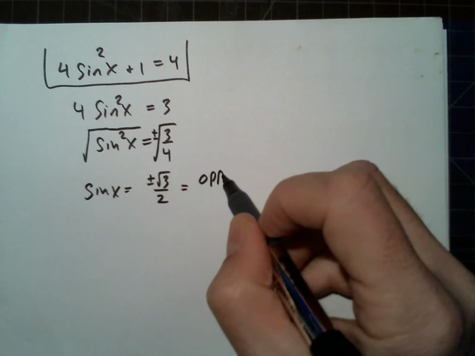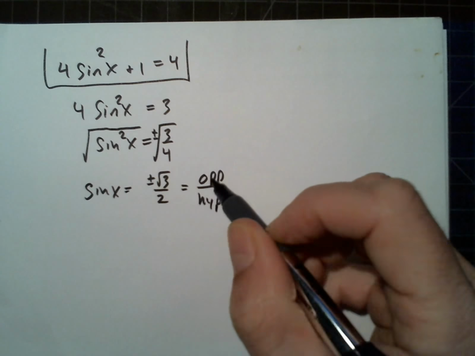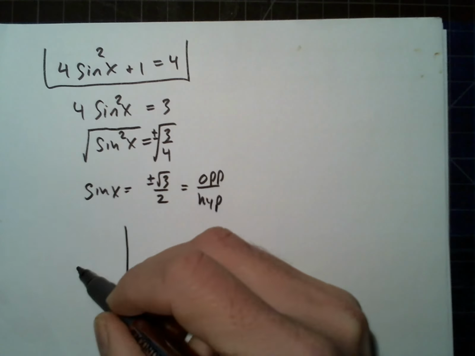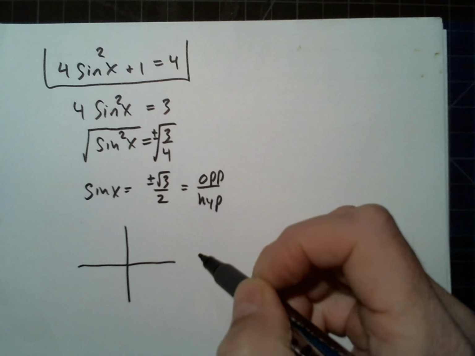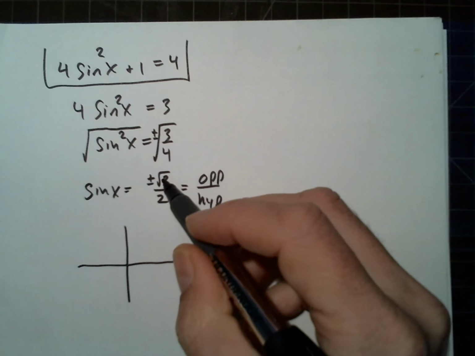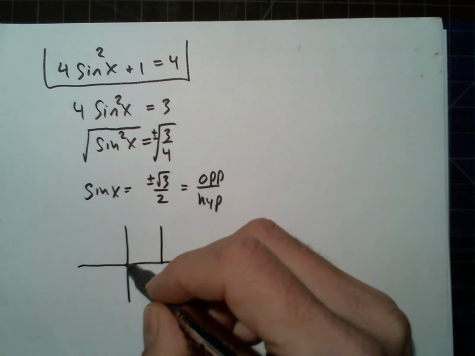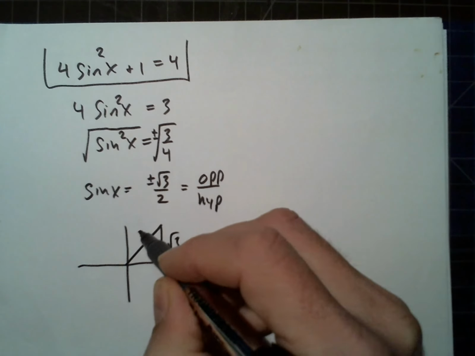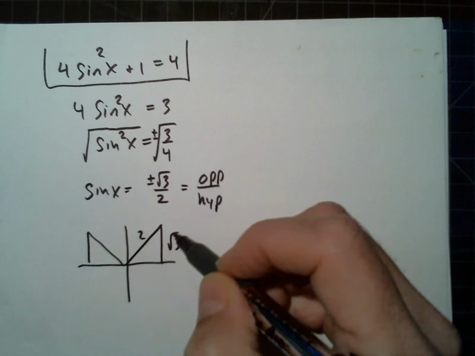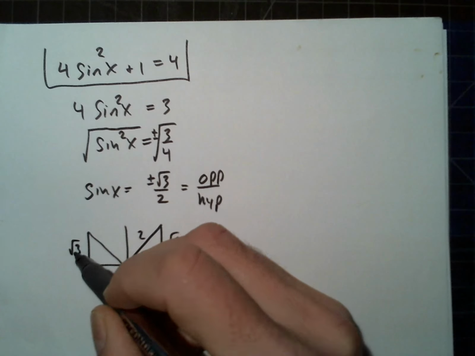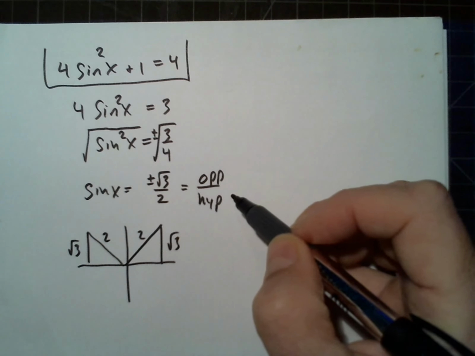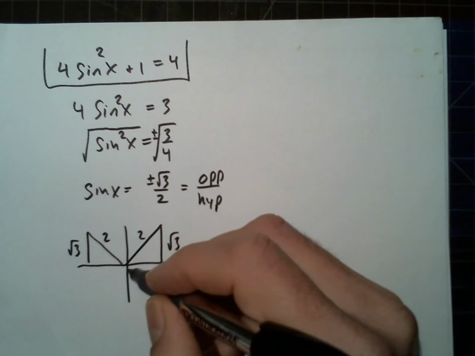And we're going to have opposite over hypotenuse. The opposite is positive radical 3, and that would give us this. But we also have a negative radical 3.